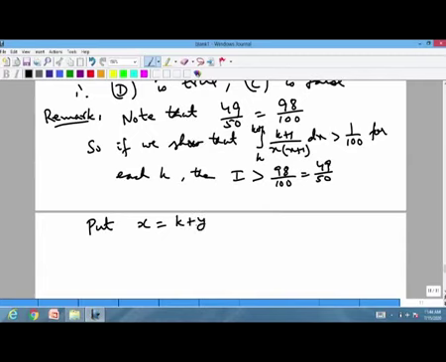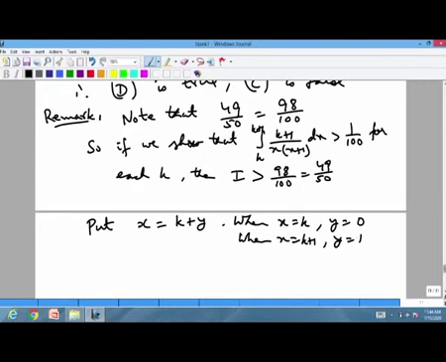So, what happens if I put x equal to k plus y, then when x is between k and k plus 1, when x is equal to k, y will be equal to 0, and when x is equal to k plus 1, y is equal to 1.